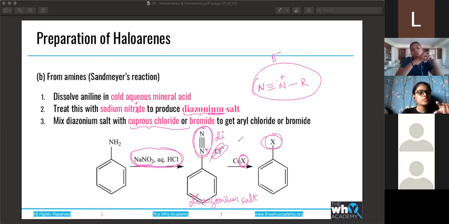Ma'am, what happens to the diazonium salt or group? This disintegrates, I think N2 escapes, and then you have a copper salt forming as a byproduct. So basically that group is being substituted by the halogen, and the diazonium group attaches itself to copper and comes out as a byproduct.